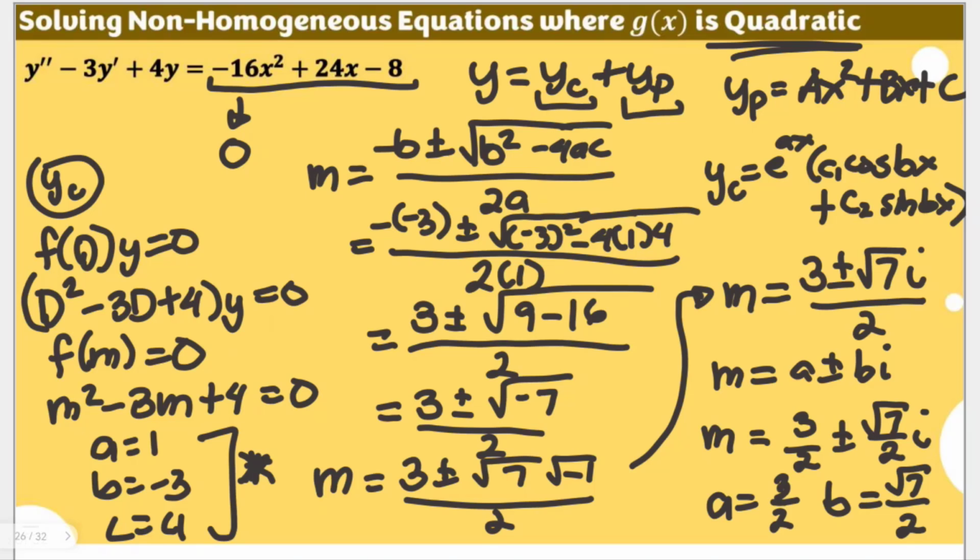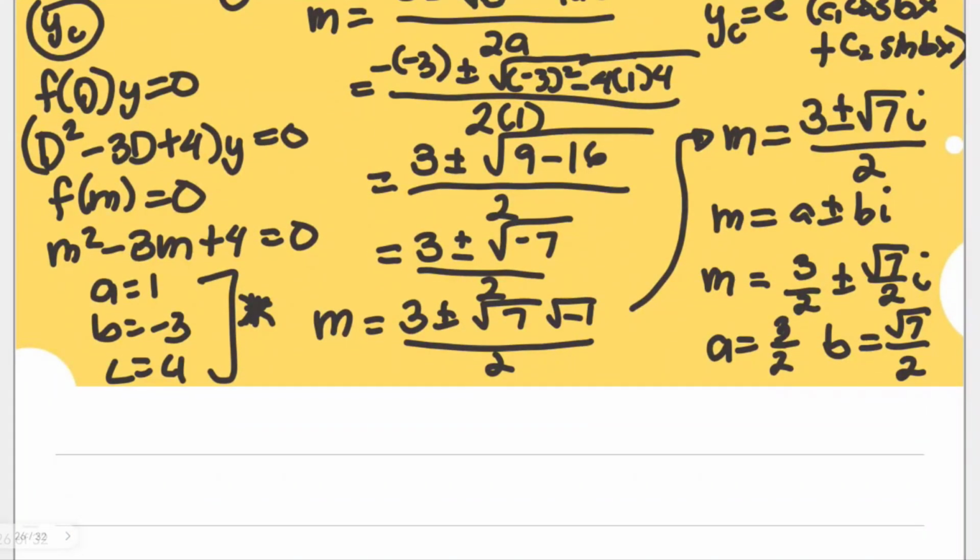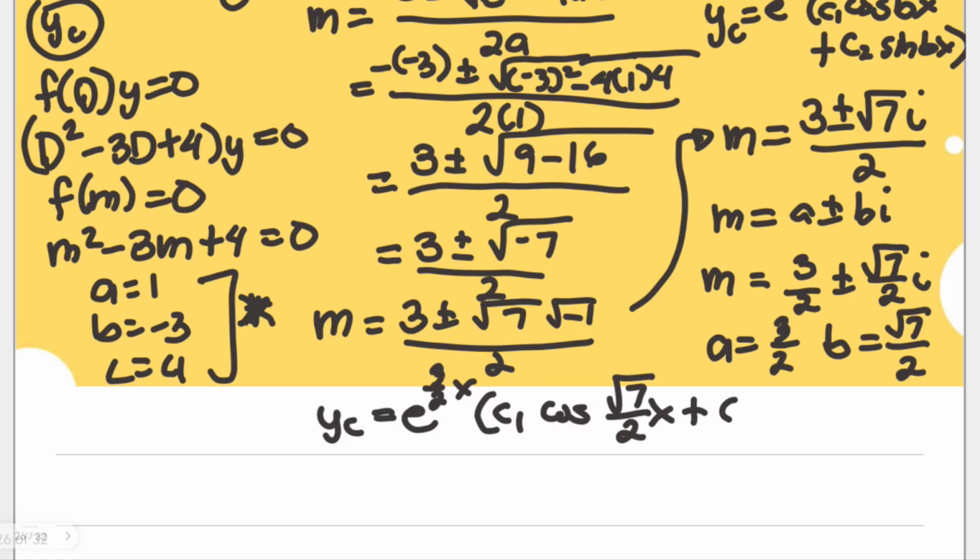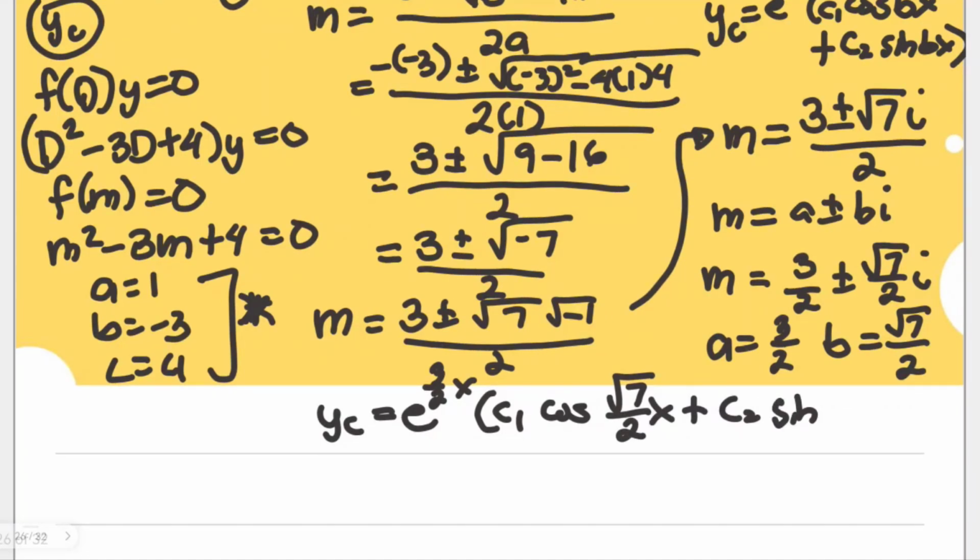So our y sub c, taking into consideration all of this, is e to the power of 3 halves x, times c sub 1 cosine of the square root of 7 halves x, plus c sub 2 sine of the square root of 7 halves x.